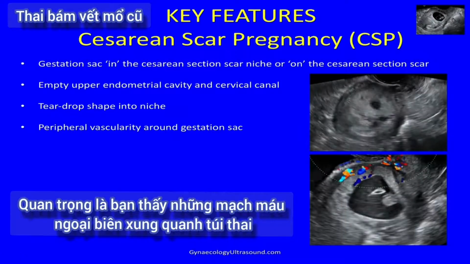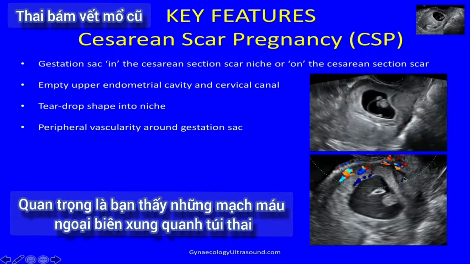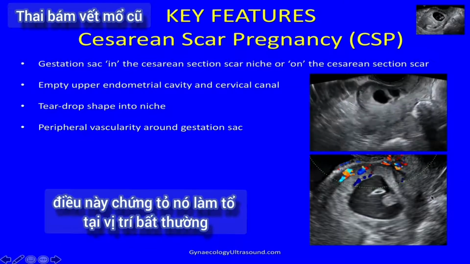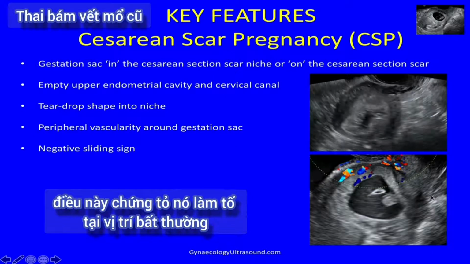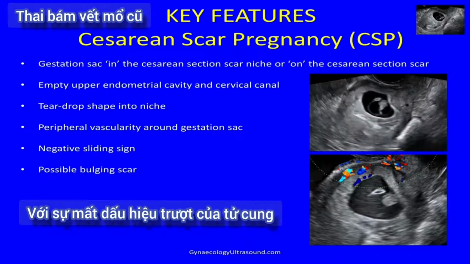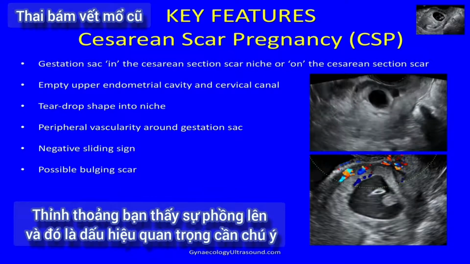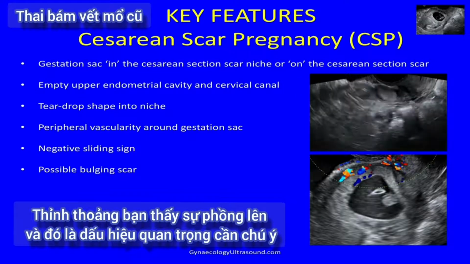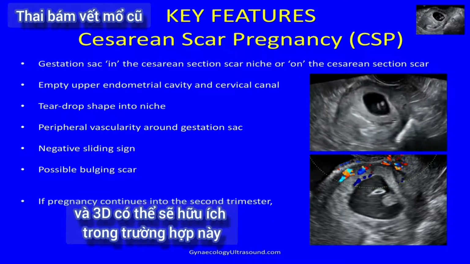Importantly, you see peripheral vascularity around the gestation sac, and this proves that it is embedded in this abnormal location with a negative sliding sign. Sometimes you see bulging, and it's an important thing to look out for, and 3D can be useful for this.